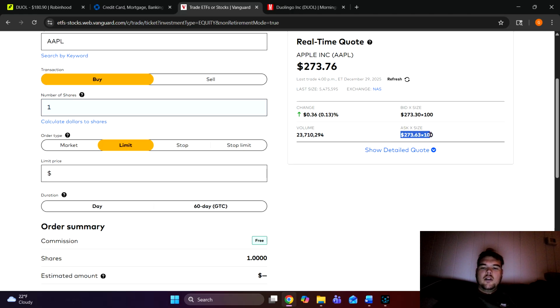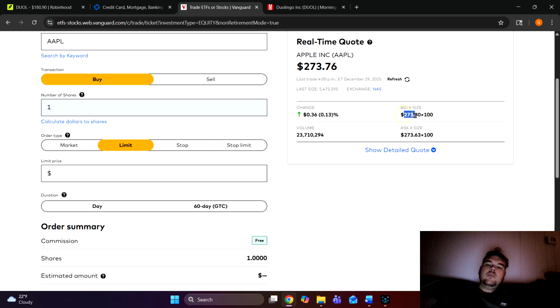So somebody's selling 100 shares of Apple for $273.63 per share, but the highest bidder is trying to buy 100 shares for $273.30. That 33 cent difference, that's what we call a spread.